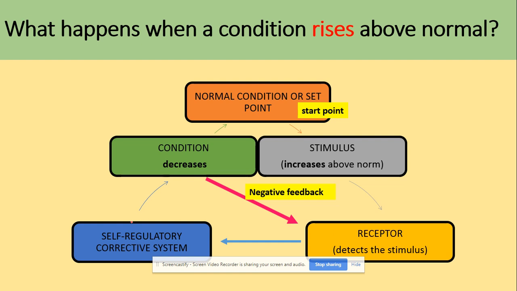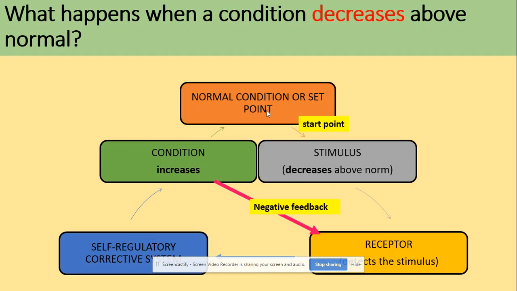The receptor will then inform the self-regulatory system, which will lead to a decrease in that condition. Once the condition decreases and goes back to normal, negative feedback occurs and the receptor is informed that the increase is no longer there because we have come back to the normal point.